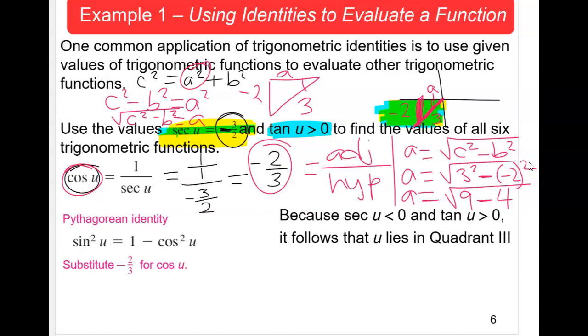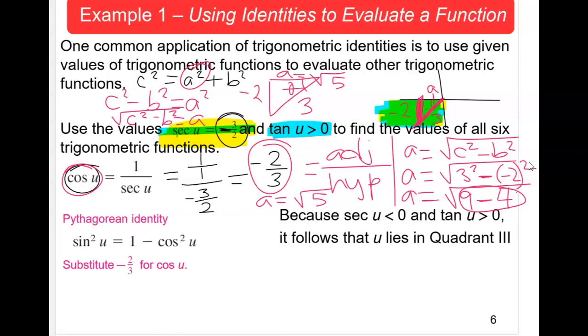So now if we subtract these two numbers, we're going to get that a is equal to the square root of 5. And because we want to have exact solutions, we're just going to leave it as is. So this little number will be the square root of 5. Now, with that said, we could get any of the trigonometric ratios.